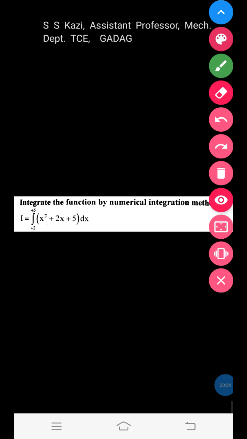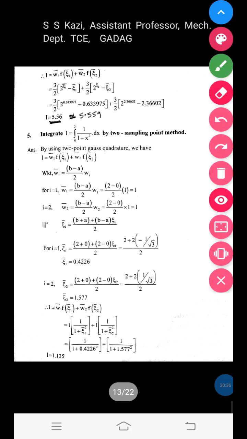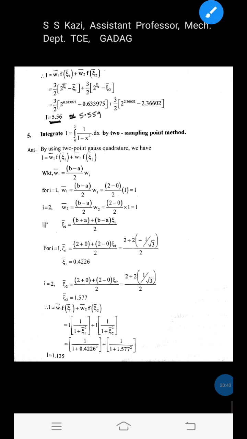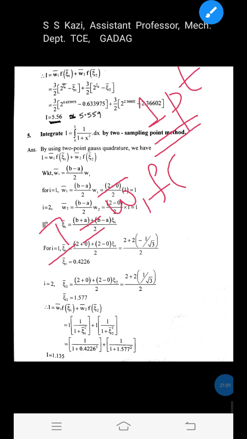One more thing: we have evaluated these two problems using the 2-point method only. If it is asked to evaluate this given integral using the 1-point method, then how to evaluate? Simple. I is equal to w1 bar f of zeta 1 bar only; one weight and one sampling point we are using.